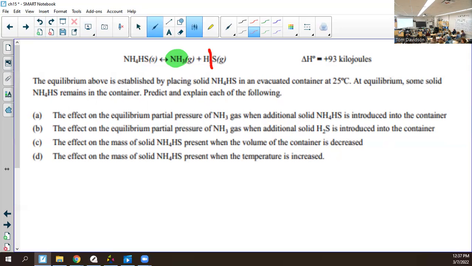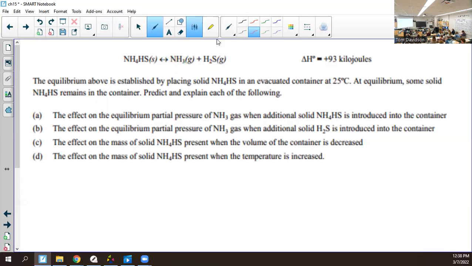When we add more of this, what happens to it? It won't matter. Irrelevant. The reason why it won't matter, we should know H2S is a very, very low boiling point gas. You may not know that, but it will vaporize pretty much immediately. So if I increase this, what happens over here? This one comes down. Are you okay with that? All right.